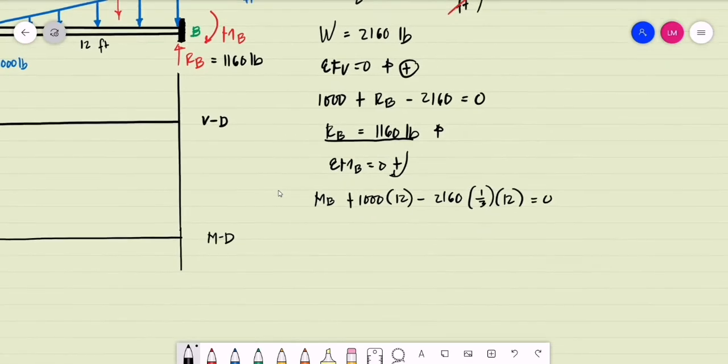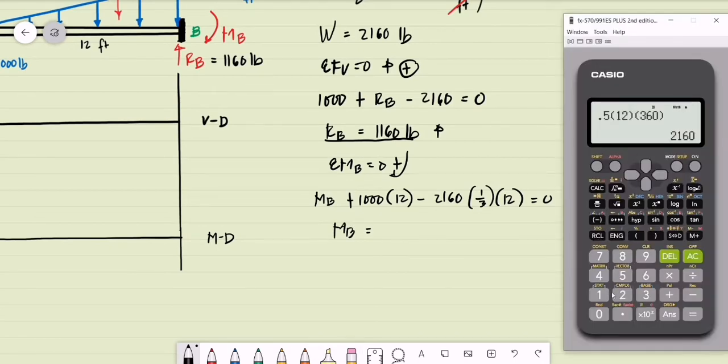So computing for the moment at B, we have 1,000 multiplied by 12, minus 2,160 multiplied by 12 over 3, the 1/3 of 12.